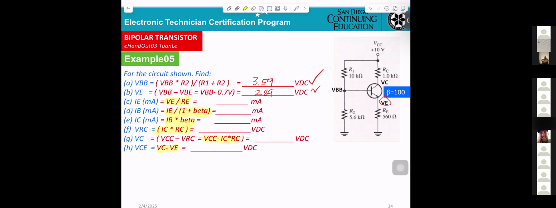Then you say, you take the VBB minus 0.7 volt, then you get the VE. After you get VE, they can ask, now we want to know the current IE. And you say, you get a VE, you get IE.